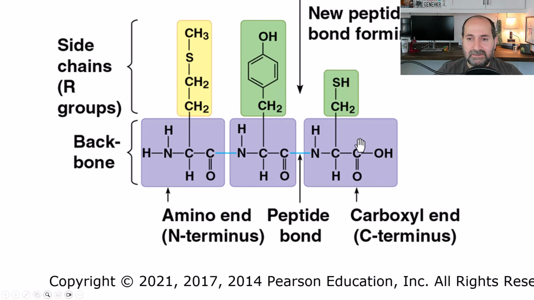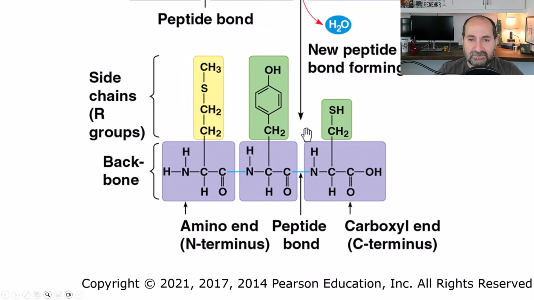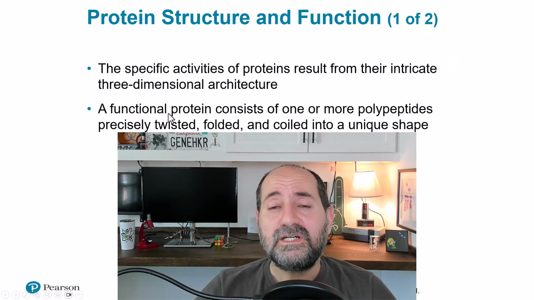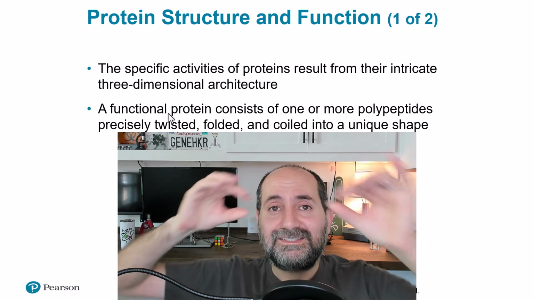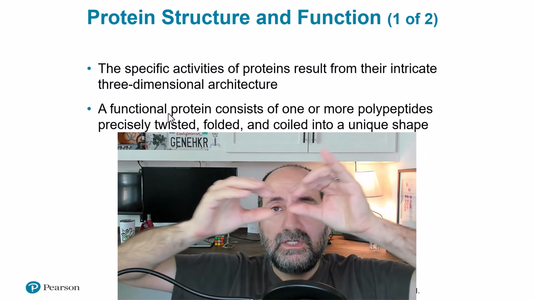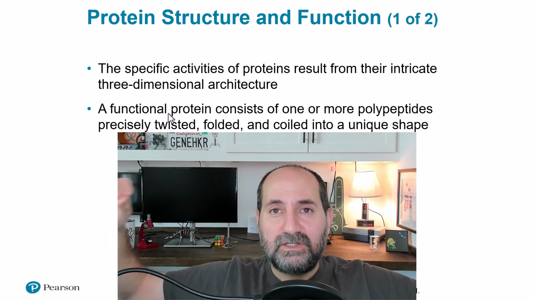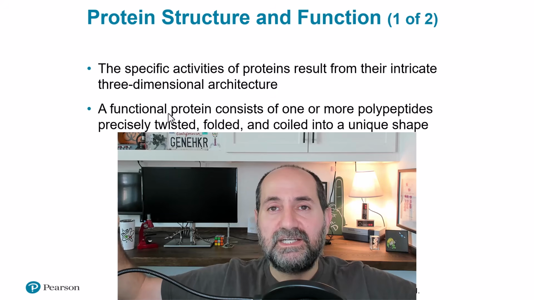Isn't that interesting? So every protein is simply a long chain of amino acids that were linked together with peptide bonds. Now, that's not to say that proteins stay a long pearl necklace.